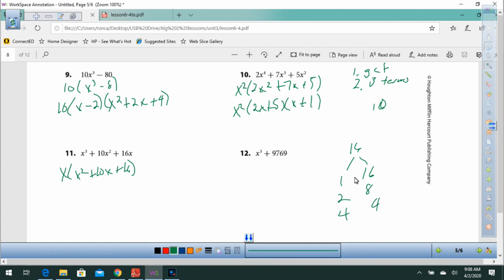Now it's positive all the way through, so we're going to add these, and that's going to give us 17. That does not equal 10. 2 plus 8 is 10, so there we go. We're going to have x times x plus 2 times x plus 8.